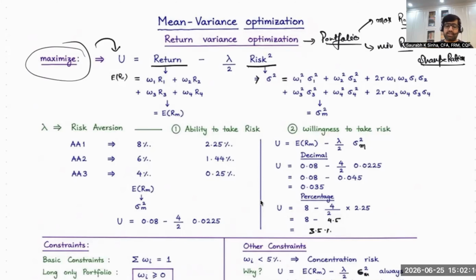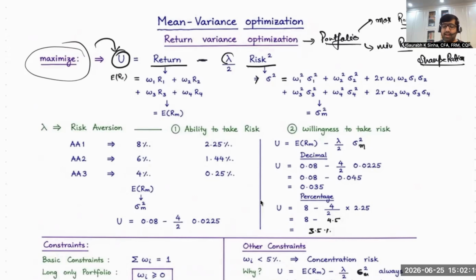Or you can simply say that you're trying to maximize the utility, and the formula for utility is given as return minus lambda upon 2 into risk square, or variance. That's it. That's what you're trying to maximize in a mean variance optimization. That is the whole story.